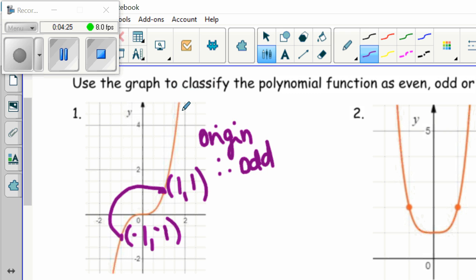I look at number 2, I can very easily see that if I fold this graph over the y-axis, or reflect it over the y-axis, this entire part of the graph lays on this entire part of the graph. So this is even because it is symmetric about the y-axis.